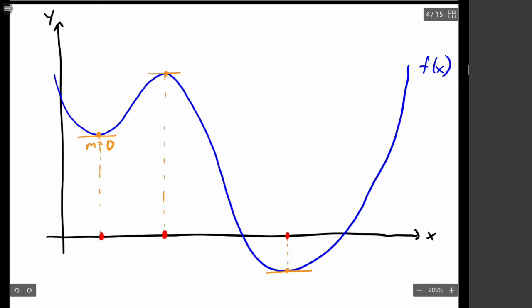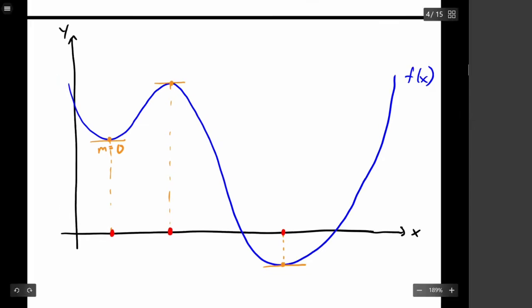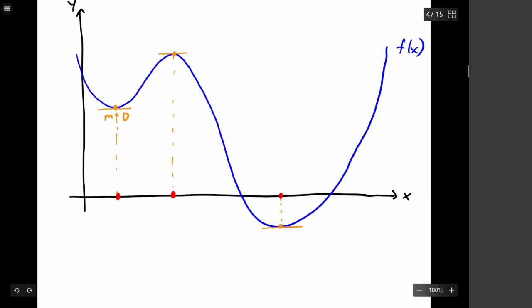Hopefully that makes sense. Now we know where it's going to cross the x-axis. The question is, what else is it going to do? Let me make this a bit longer. What else is it going to do here?